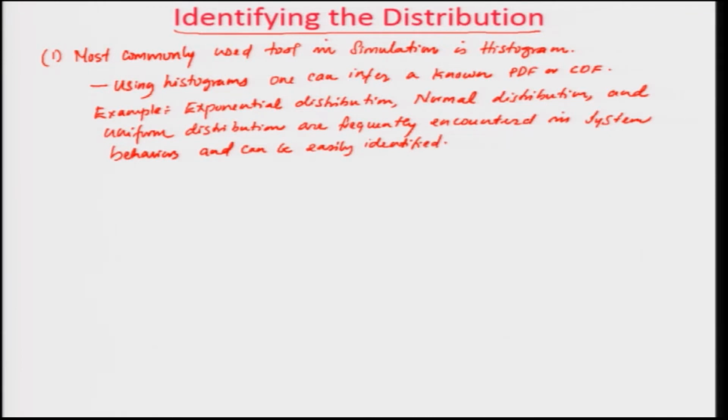For an example, let us say here is x and you have values 1, 2, 3, 4, 5 and 6, and let us talk about rolling a fair die.